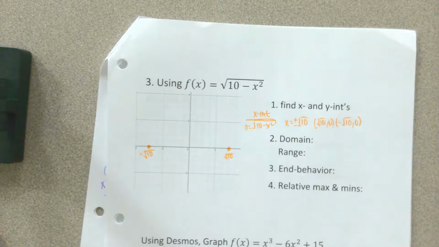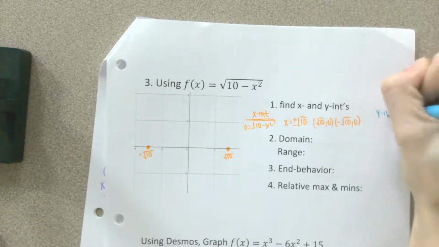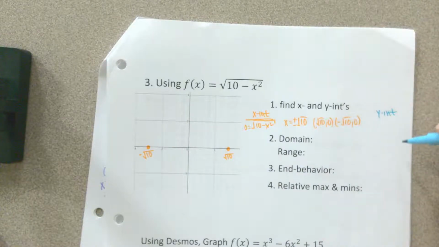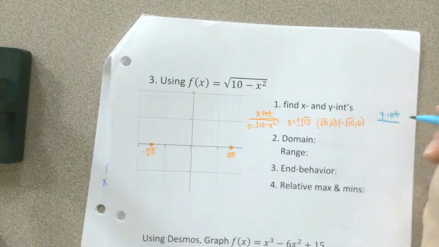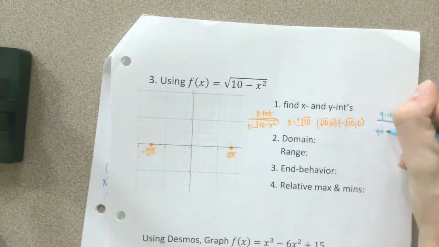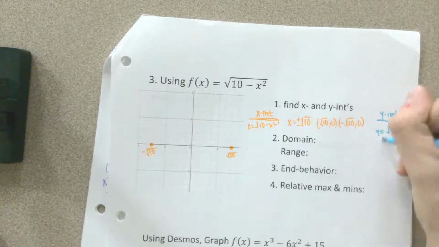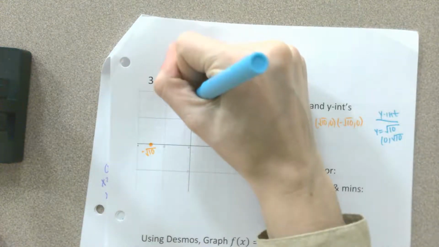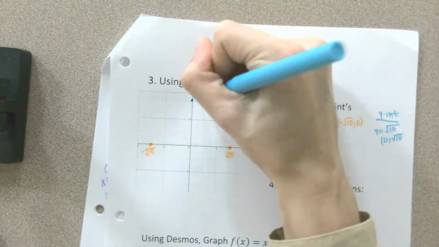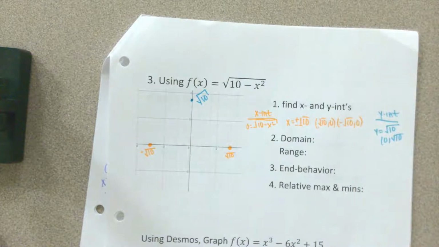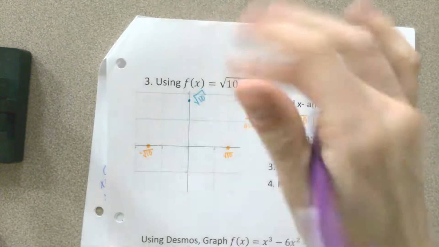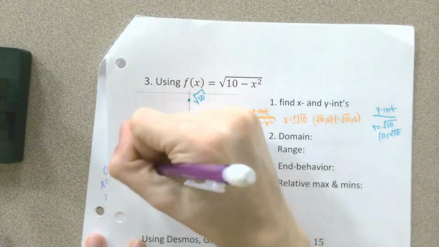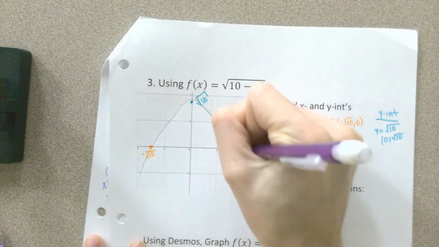Okay, and for our y-intercept, we go ahead and make x 0. I'm going to pretend like I worked that out. I know you guys know how to do this. Our y-intercept is also square root of 10. So we can go ahead and graph that here and connect our points, sorry.